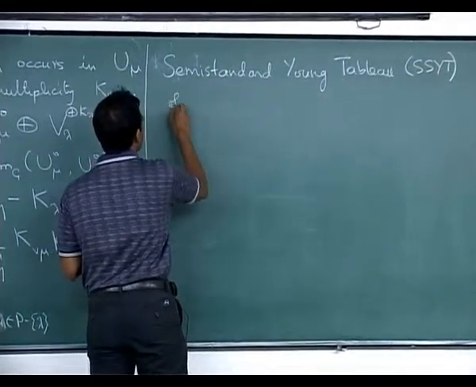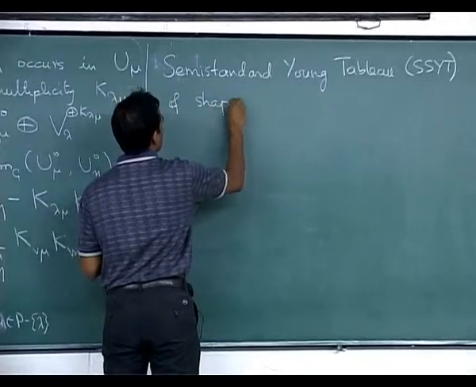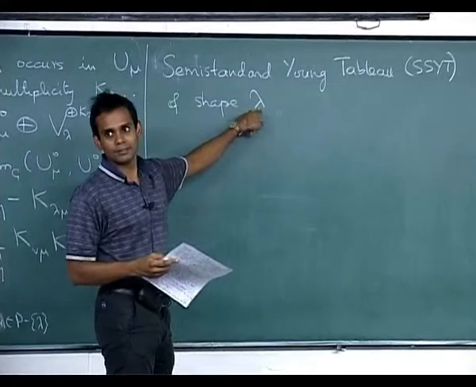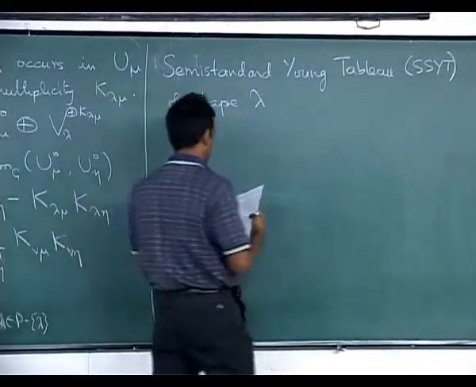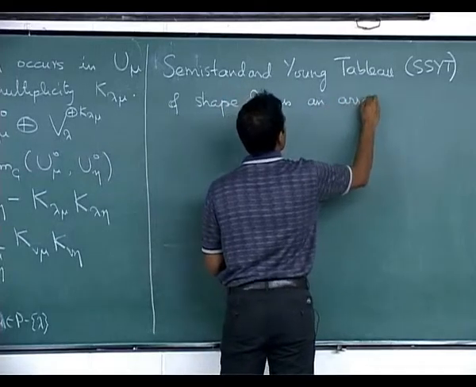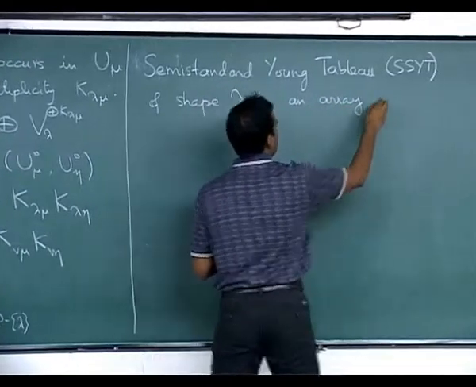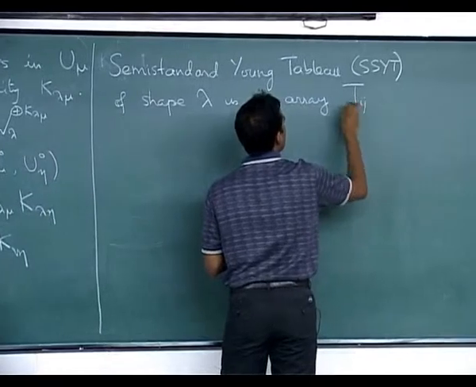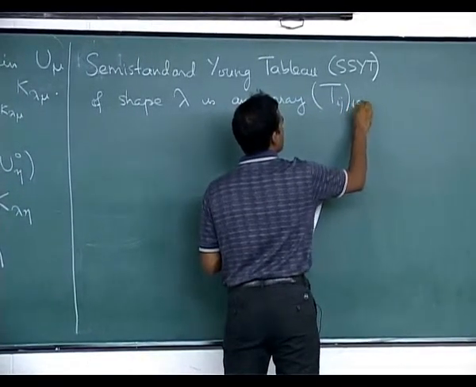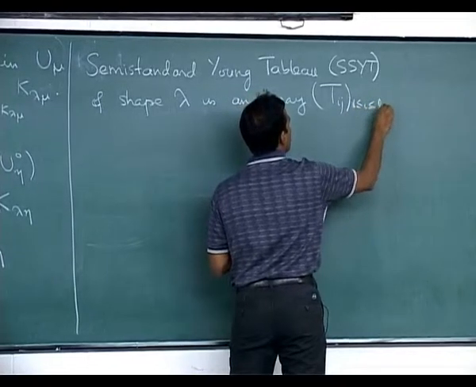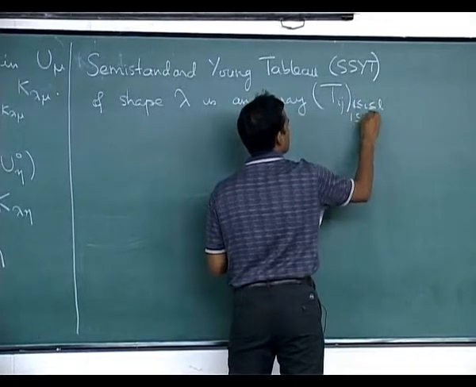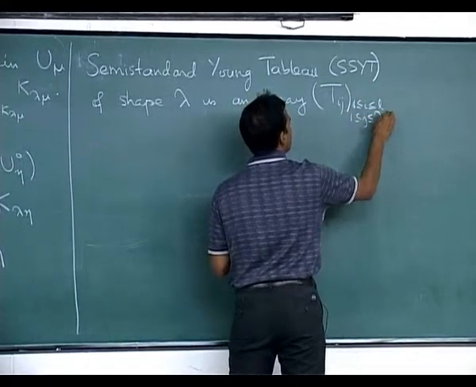These things have a shape λ, as you can expect, should be a partition, and a semi-standard Young tableau is an array T_ij, i goes from 1 to L and j goes from 1 to λ_i.